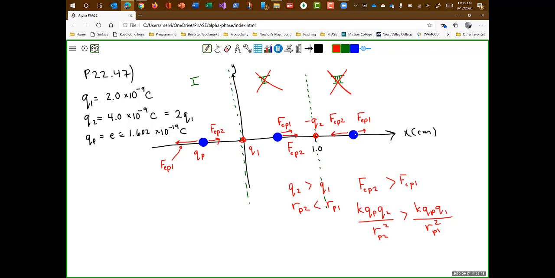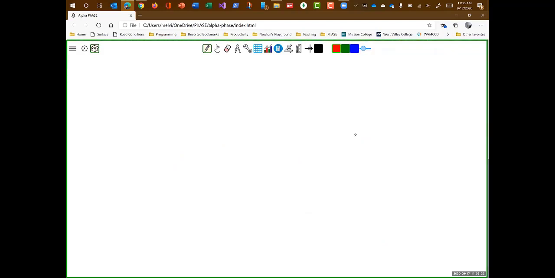Okay, so I'm going to just go ahead and go to our next page. I'm going to quickly resketch our picture, and then we are going to focus on region 1. So we have an x-axis in centimeters. We have the y-axis up here. Here's charge 1.